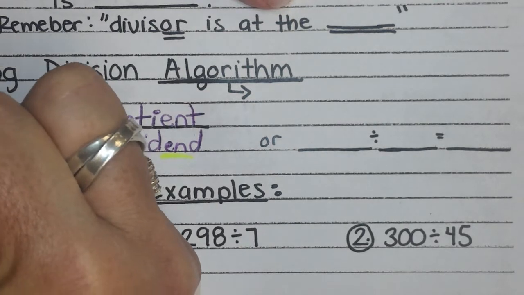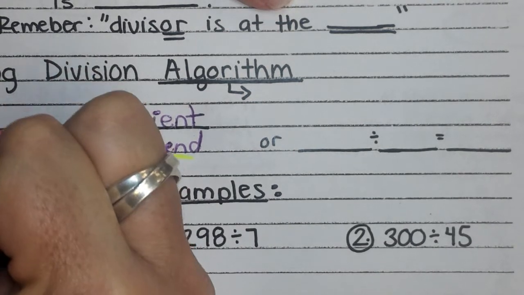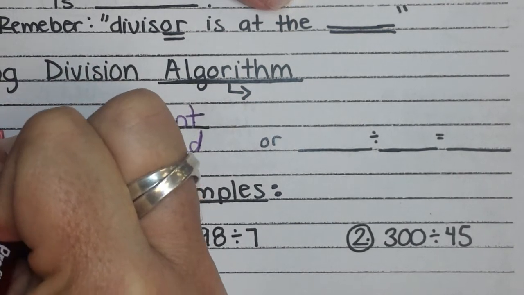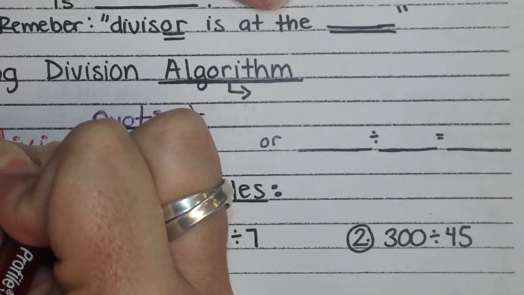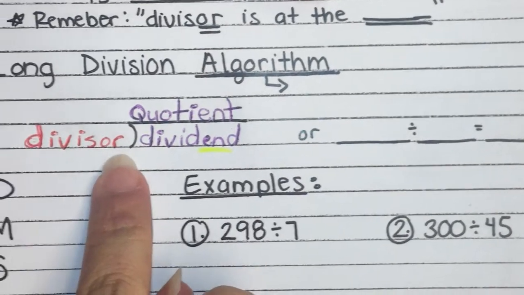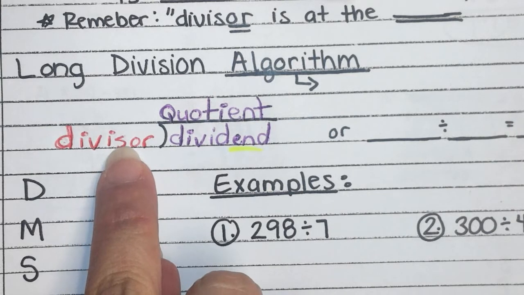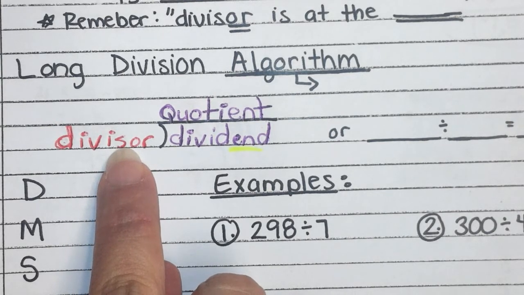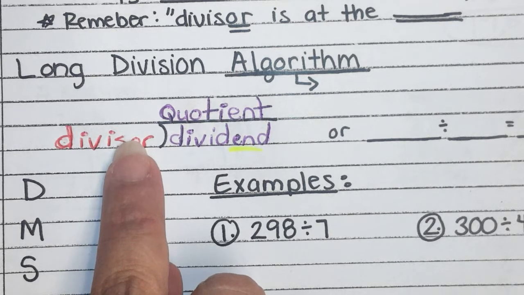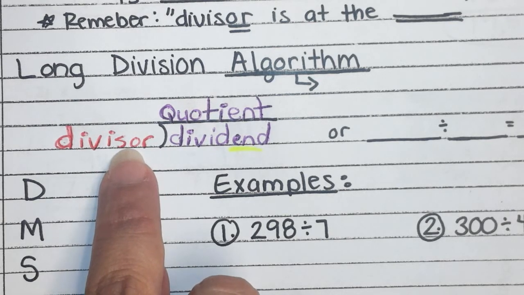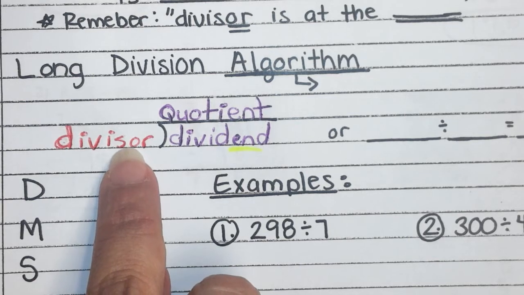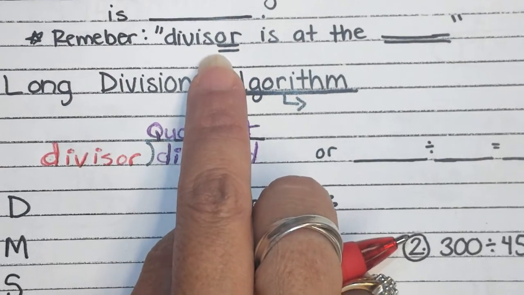Divisor. Yes, divisor. So right here is going to be our divisor. Now, they have a goofy way to remember this. If you look at this, there's a little sentence right up here.